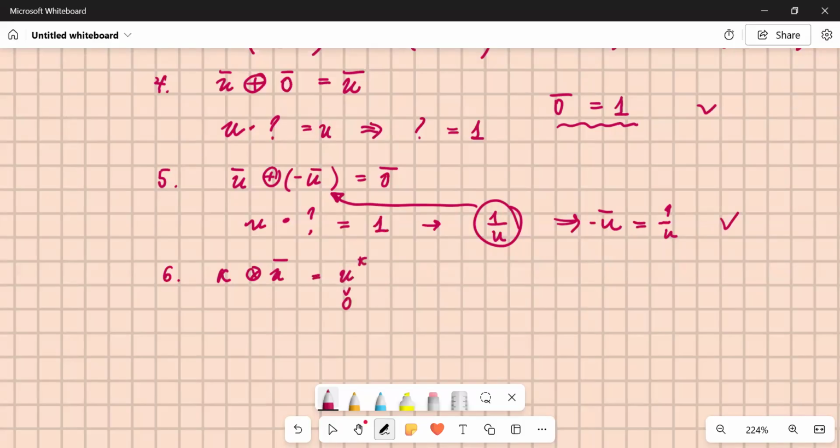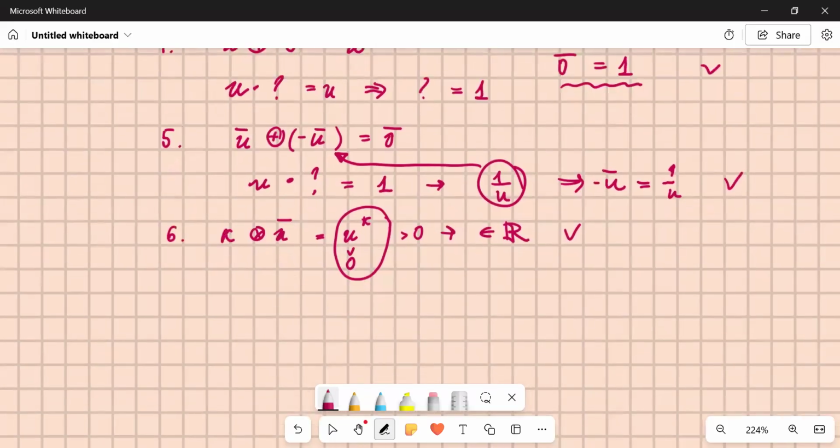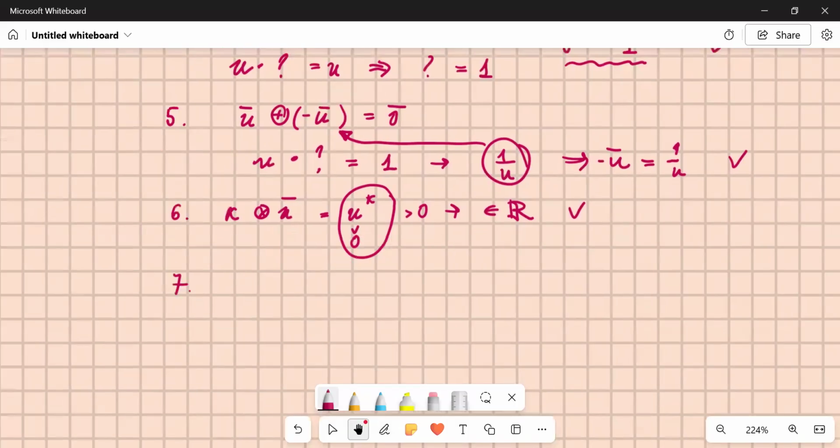If this is greater than 0, any power of a number greater than 0 is going to be greater than 0, and it's going to be a real number. So it's closed under scalar multiplication. It still returns us a number which belongs to positive real numbers. No matter which number you raise to any power, if the number is positive, it's going to return us a positive number.